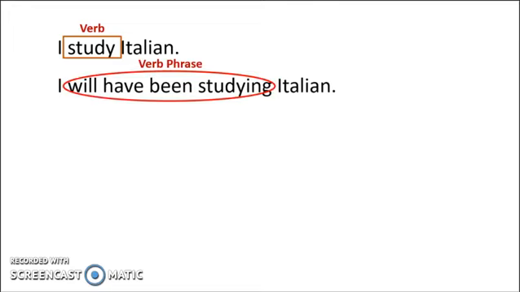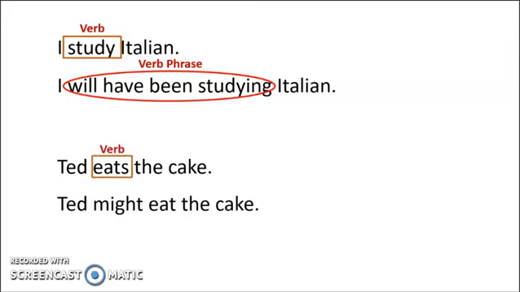Exactly, it has a verb phrase since the main verb is connected to a helping verb. How about these sentences? The first sentence has a verb. Correct. While the second one has a verb phrase since the main verb eat is connected to a linking verb. Great job!